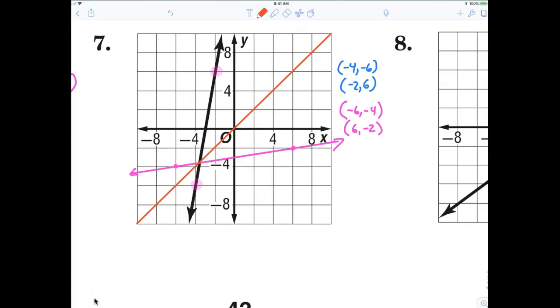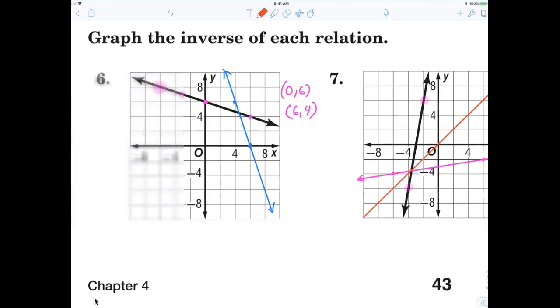If I looked at question number 6 and I draw y equals x, everybody see it's the mirror image. It's actually kind of cool, and you'll use it in the future.